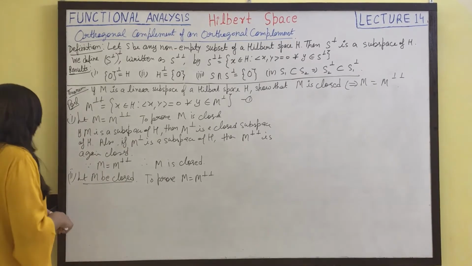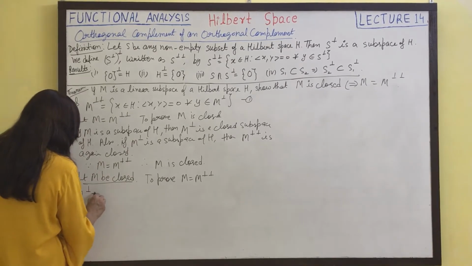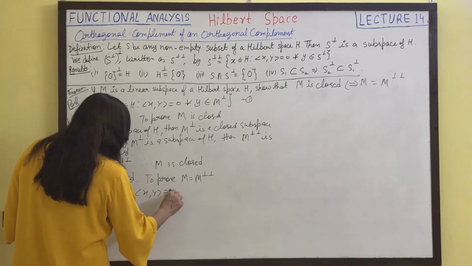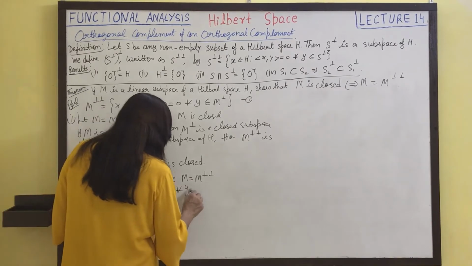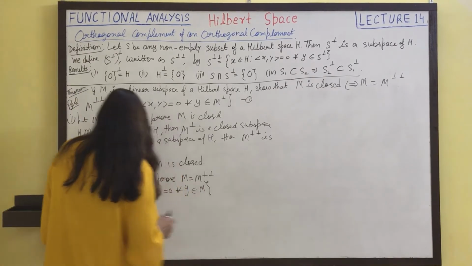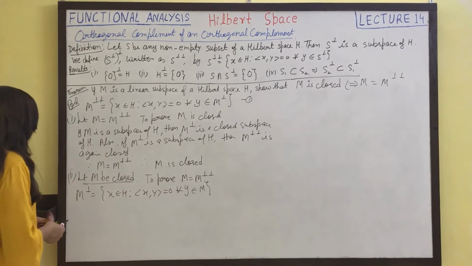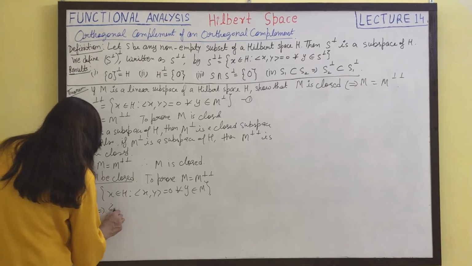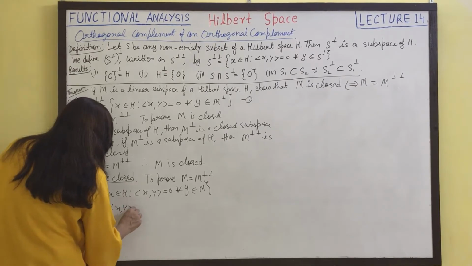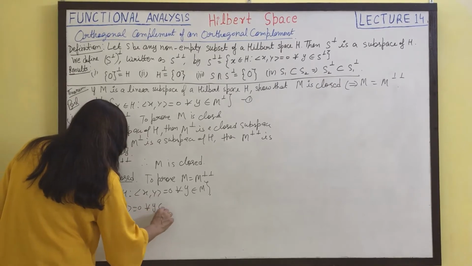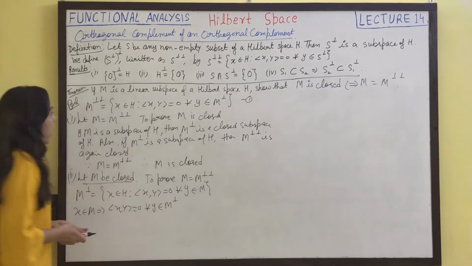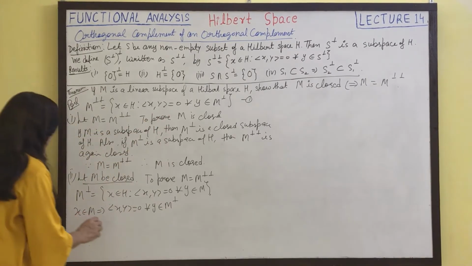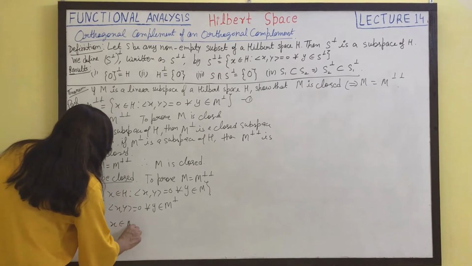Now, by the definition of M perp, it is x belongs to H such that inner product of x comma y is equal to 0 for every y in M. Now, x belongs to M implies inner product of x comma y is equal to 0 for every y in M perp, and from 1 we can see that x belongs to M perp perp.